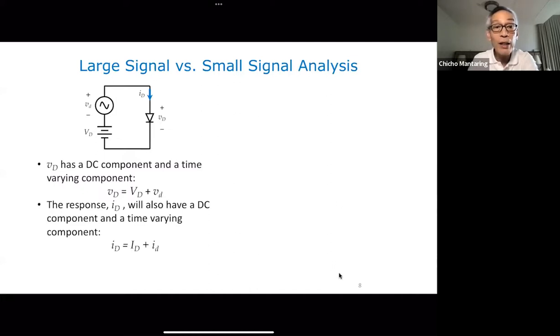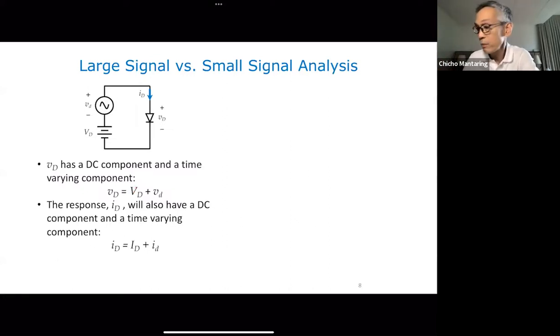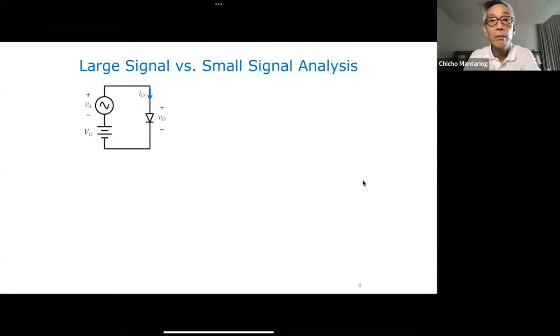Okay, what does this establish? Remember, I can use superposition.